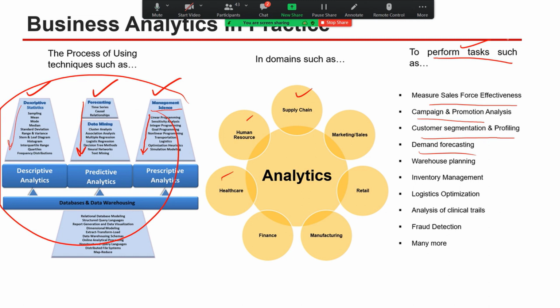As I told you earlier, if we are interested in what happened or why did it happen, we are talking about descriptive analytical techniques as well as diagnostic techniques. If we are interested in what will happen, we are interested in predictive analytical techniques. If we are interested in what should we do, we are talking about the decision making perspective, that means prescriptive analytical techniques.